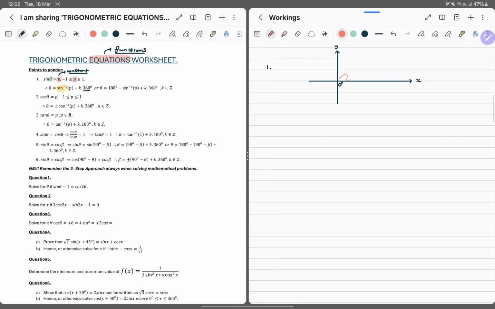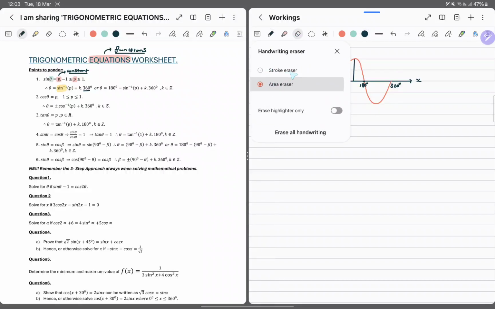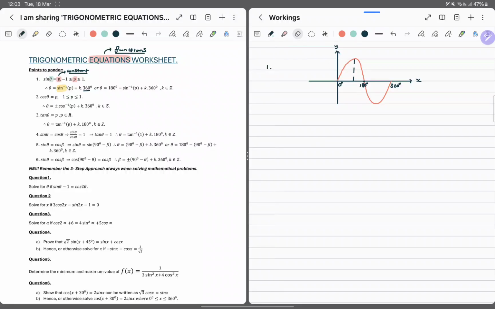So we know that the sine graph starts off like this. And we will simply say this is at 180 degrees. That is at 360 degrees. And we know that the peak is at 90 degrees. Of course, it's not going to be nice, but this is just the idea.